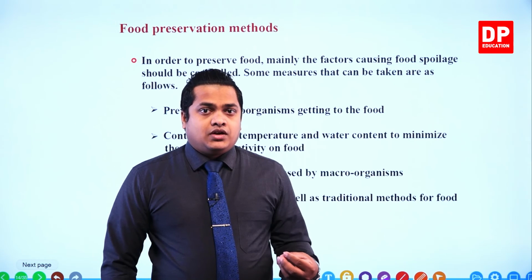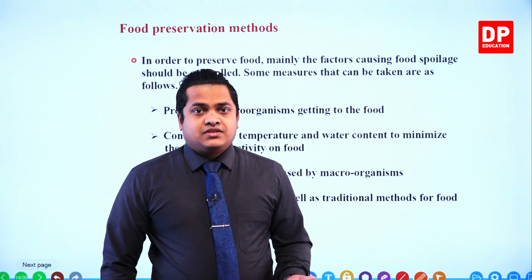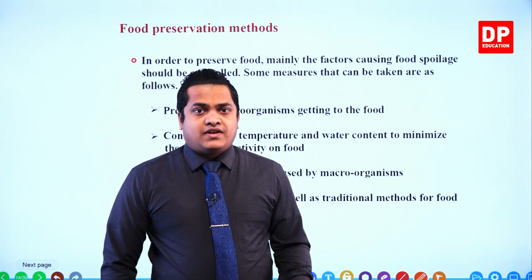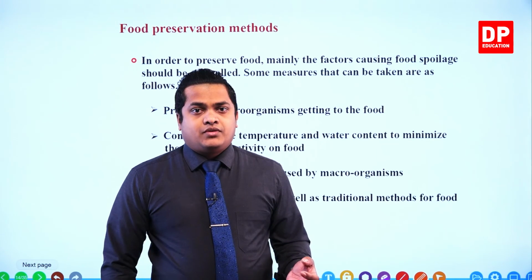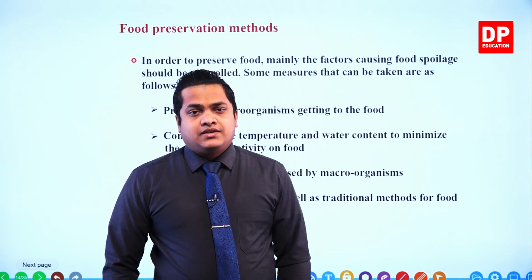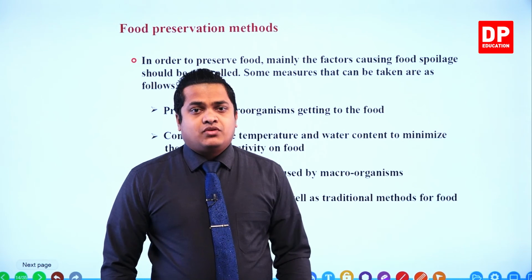Then if you take fruits and vegetables, the same thing is going to happen. Houseflies, fruit flies and all the other kinds of insects are going to come, and they are going to mainly lay their eggs or do other such things. In that way, these fruits or vegetables are going to spoil.